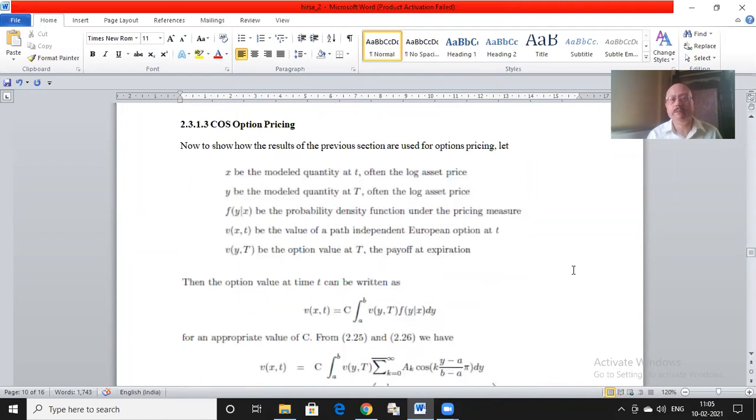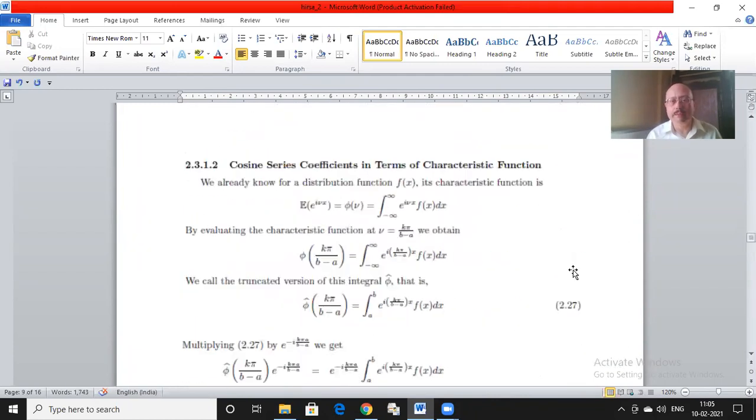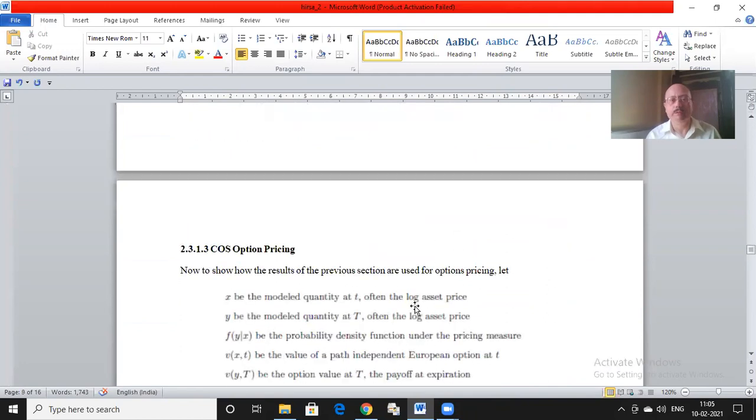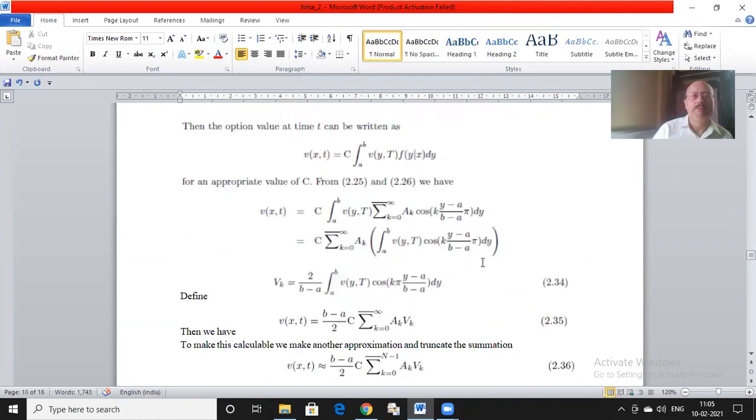So again, using 225 and 226, which are these equations for fx and ak, we use them here. And we write our Vxt as this integral Vyt, and then f I expand in terms of my cosine series. So again, I use my cosine series expansion for f, and I can actually interchange.